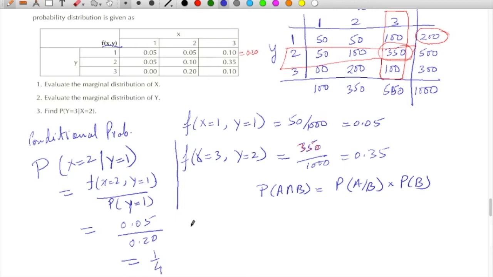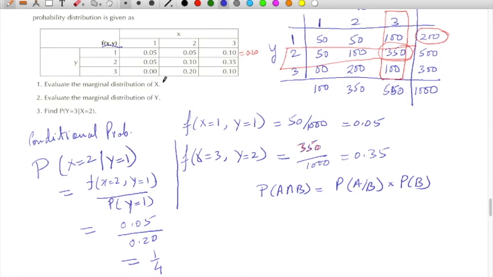Now see what is asked in the problem. In the problem, they are looking to evaluate the marginal distribution of x. Before describing the marginal distribution, you should know that it is the probability of getting x over the domain of x, which is 1, 2, and 3.